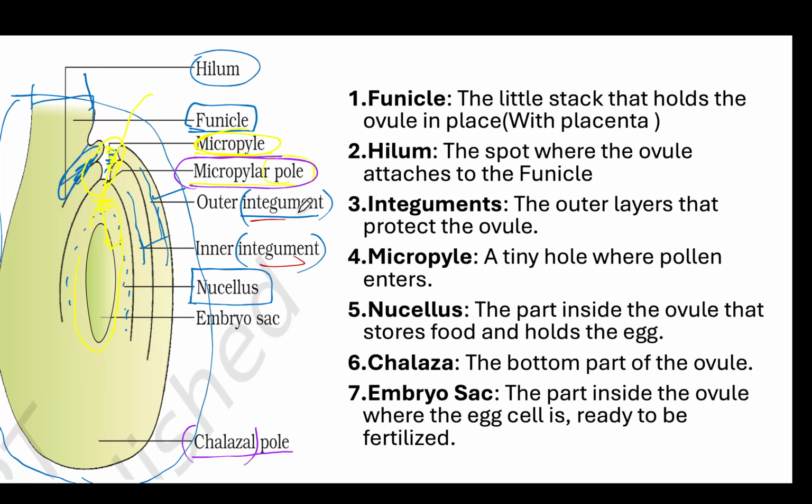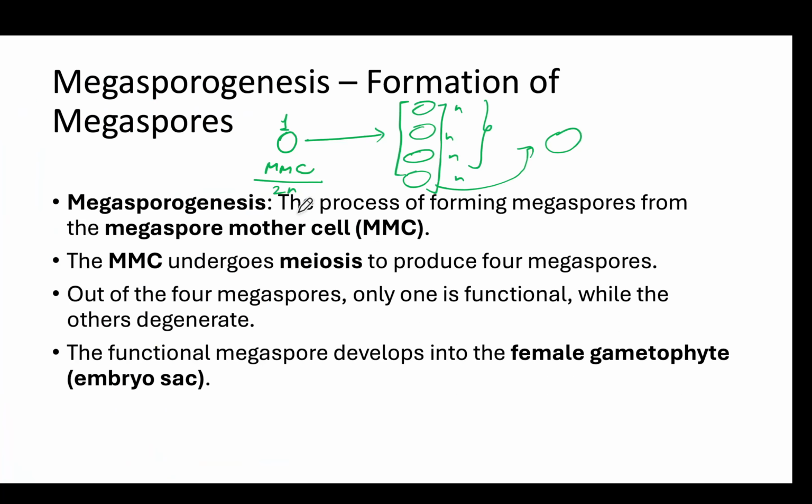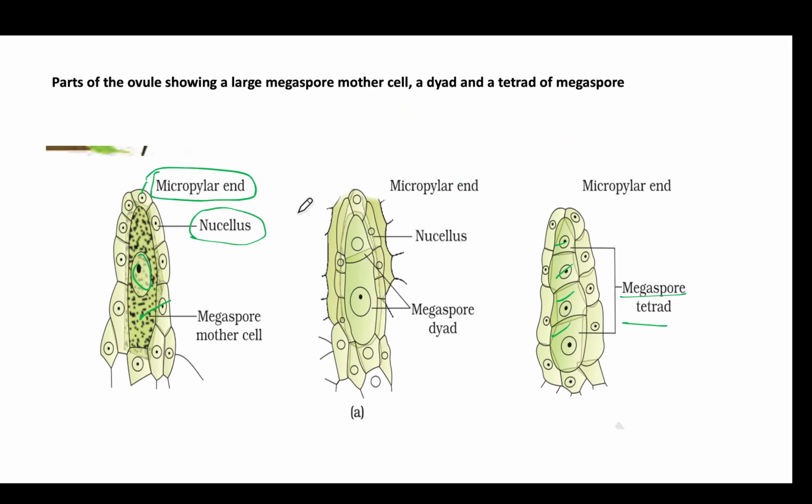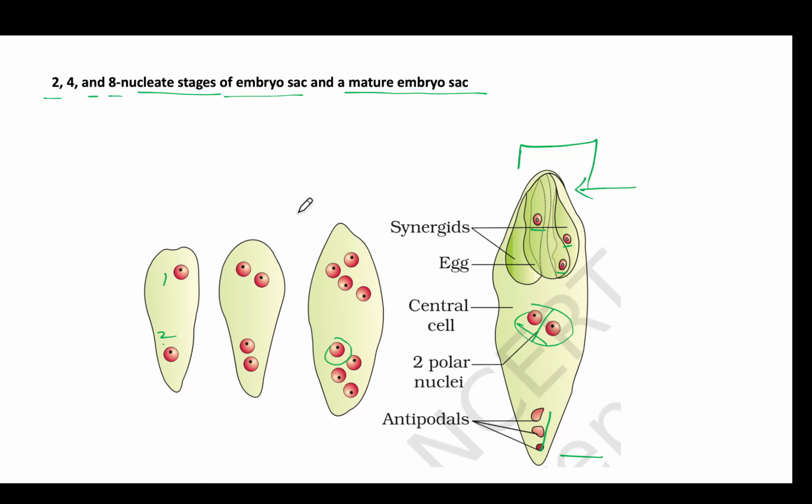Right? Clear? Next we learned about the formation of megaspores. From a single megaspore mother cell, 4 megaspores are produced by meiosis. Out of these 4, 3 cells degenerate and only 1 cell remains functional. This 1 cell will again divide mitotically into how many cells? 4 cells and then 8 cells, right?